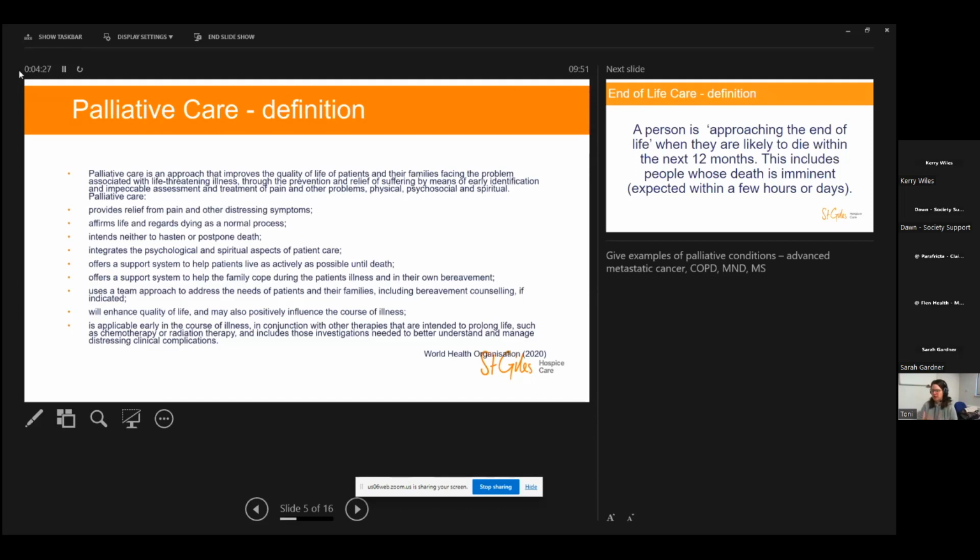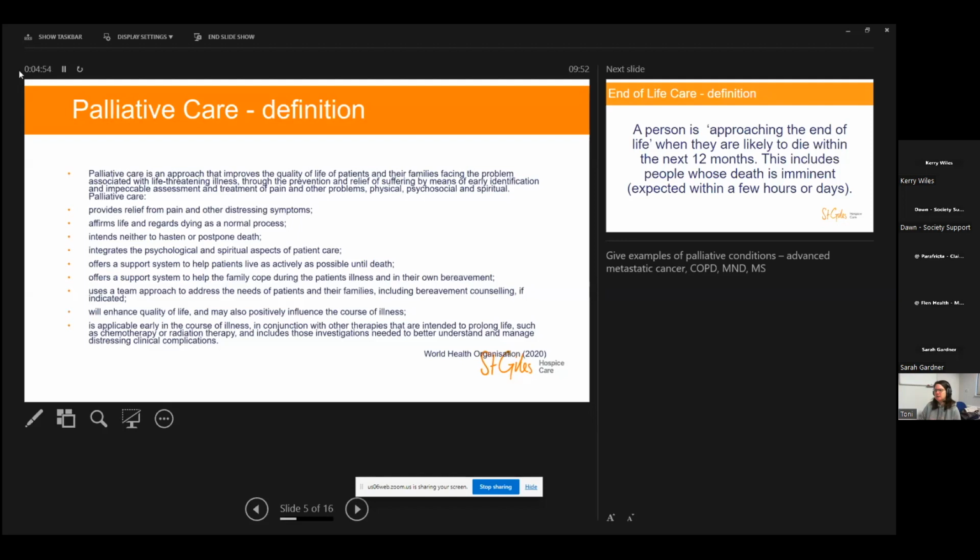We have palliative patients who are still having chemotherapy, radiotherapy, immunotherapy. We will still give appropriate treatments to people who are in the palliative phase. So that doesn't mean that we give up on people. If someone is palliative, it doesn't mean that they have fewer options or that we're not going to do anything. It's just that the way that we do things will very much focus on quality of life.